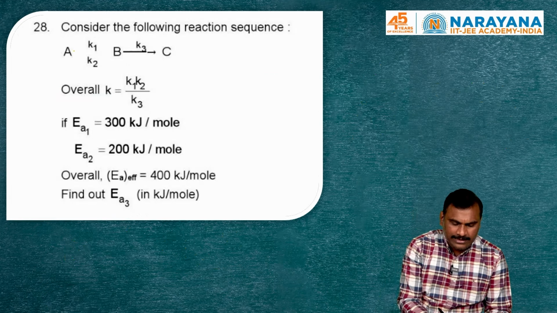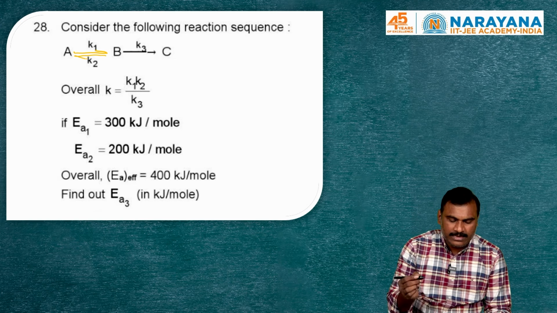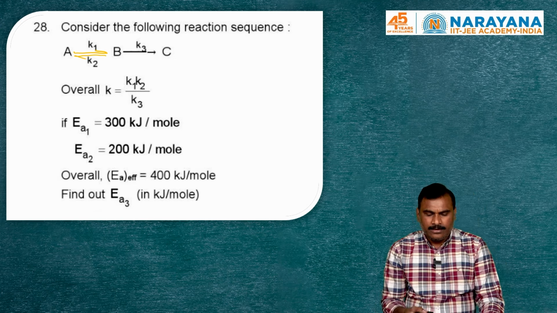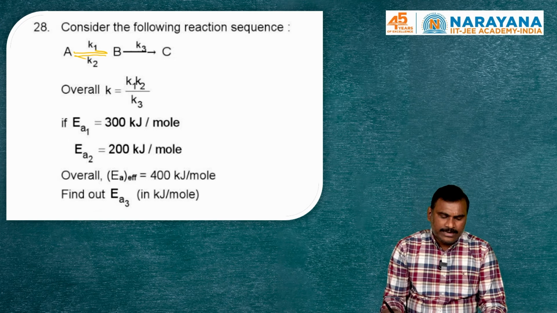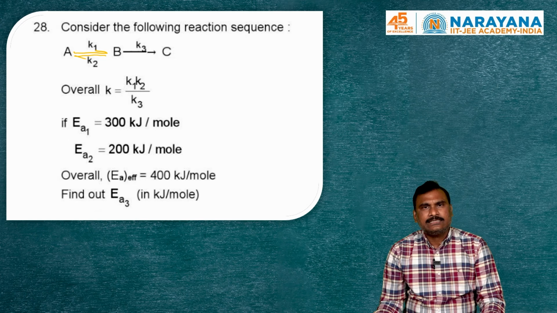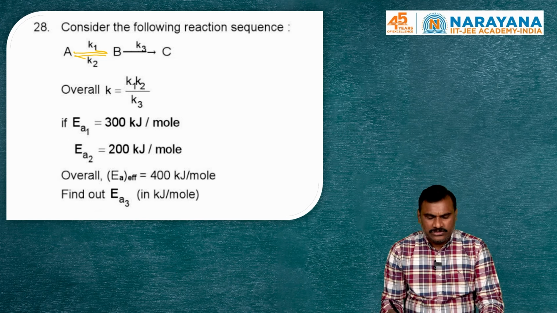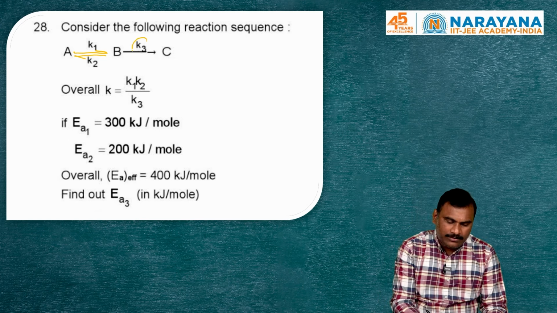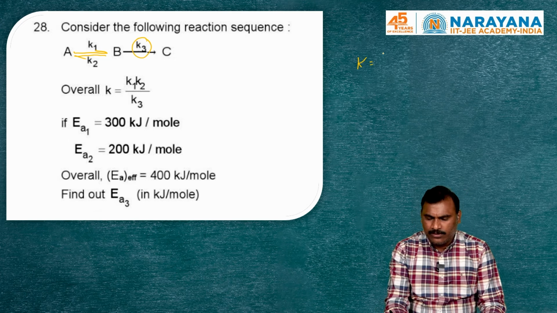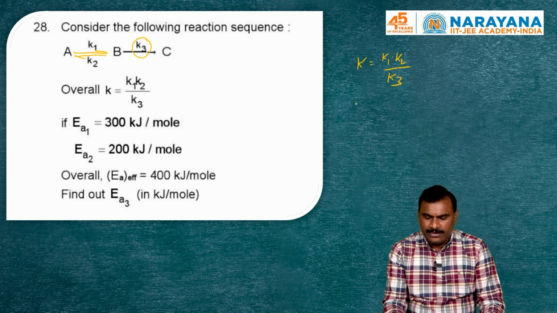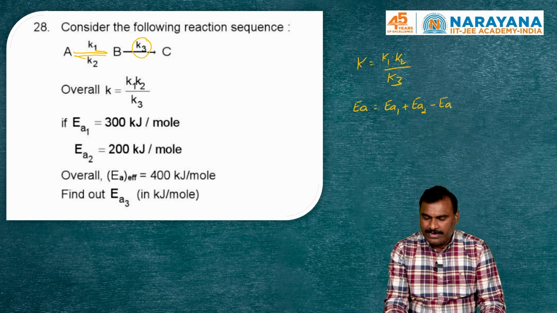Consider the following reaction. Actually, here is the equilibrium reaction, that is a reversible reaction. The overall rate constant is also given. For the forward reaction and backward reaction, activation energy is also given, and the overall activation energy is also given. He asked to find out the B to C activation energy. They gave K equal to K1 into K2 by K3. Then automatically we can write Ea equal to Ea1 plus Ea2 minus Ea3.